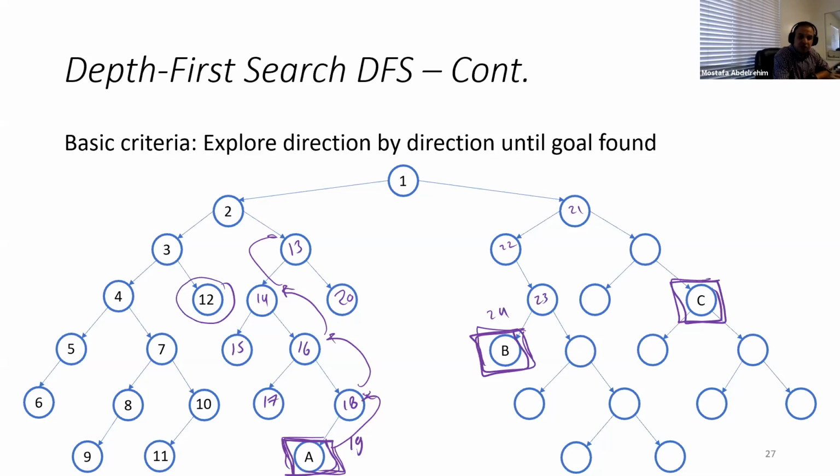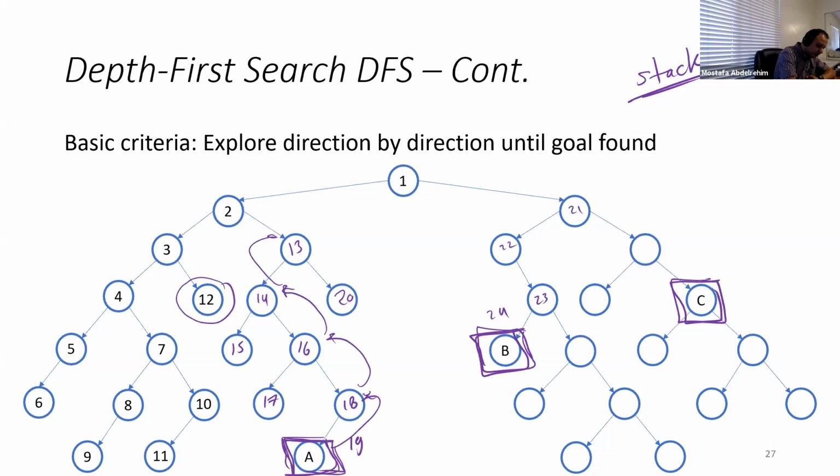Okay. So guys, the basic idea is that with depth first search, what we have in hand, we explore it. With breadth first search, it was a FIFO queue, first in, first out. Here, we need a stack, right?